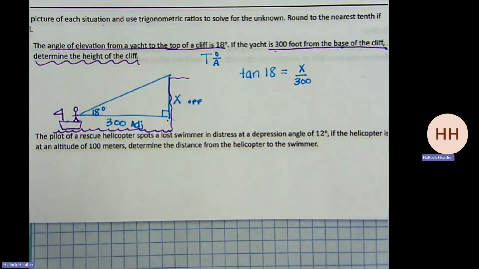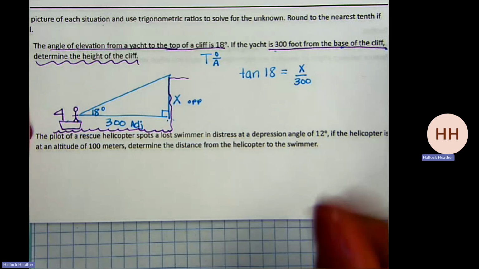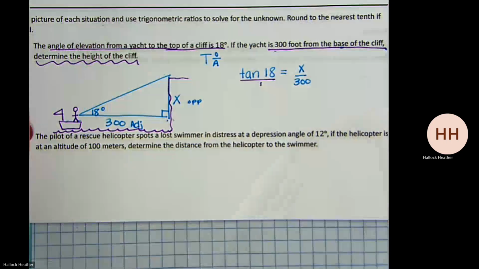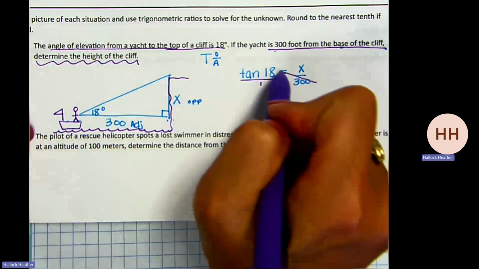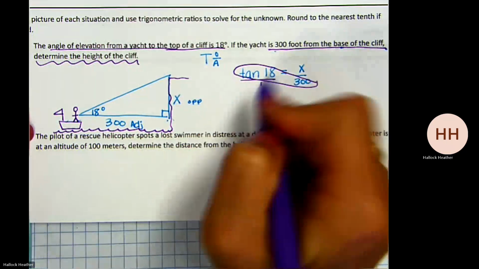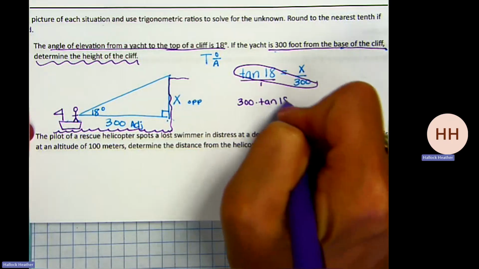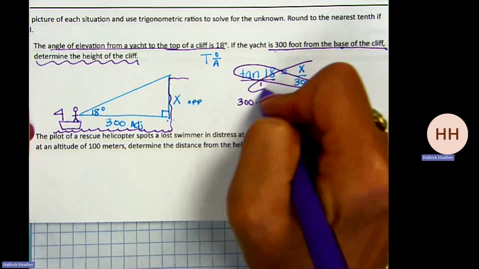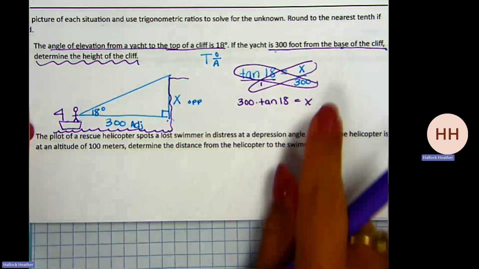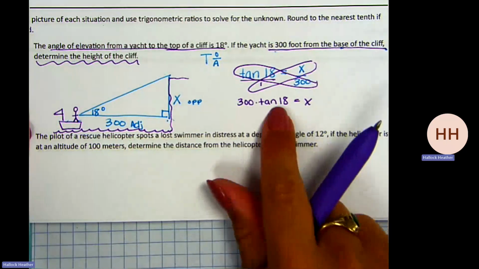So now just like last week, I'm going to put tangent over 1. And then I'm going to cross multiply. So cross multiplication. I have 300 times tangent of 18 equals X times 1, which is just X. So this is nice because X is by itself, so I don't have to divide or anything.